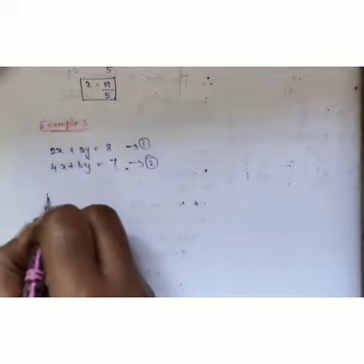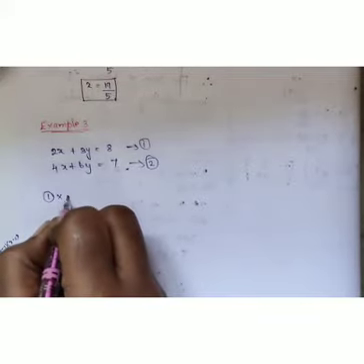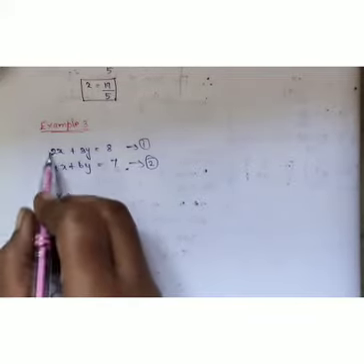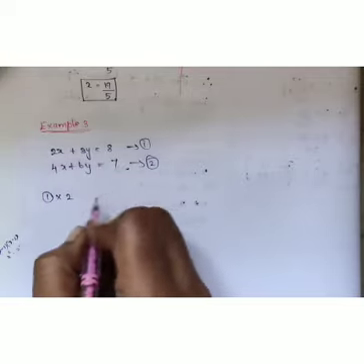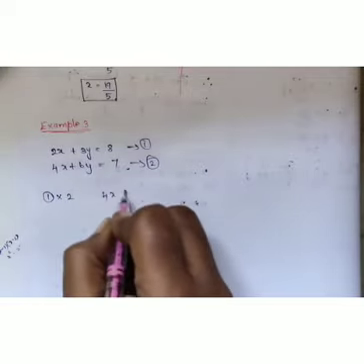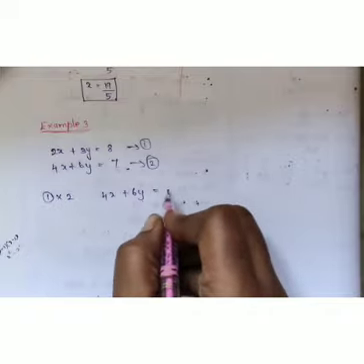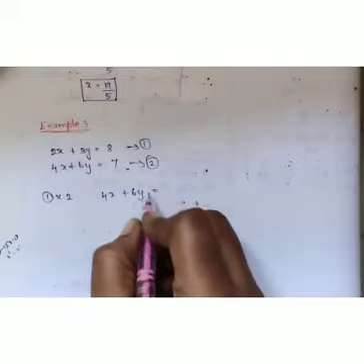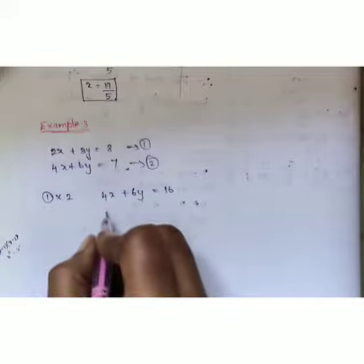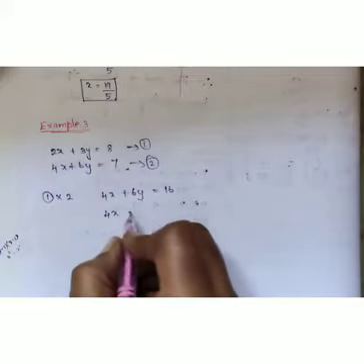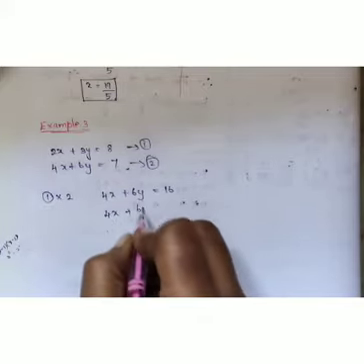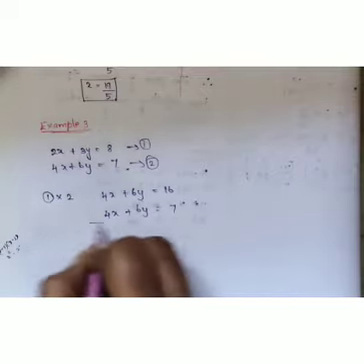The first equation I have to multiply by 2, because 2 into 2 is 4, so these two values will become equal. So this is 4x plus 6y is equal to 8 into 2, which is 16. The next equation we write as such, no need to multiply anything because the x values are the same. So this is equal to 7.